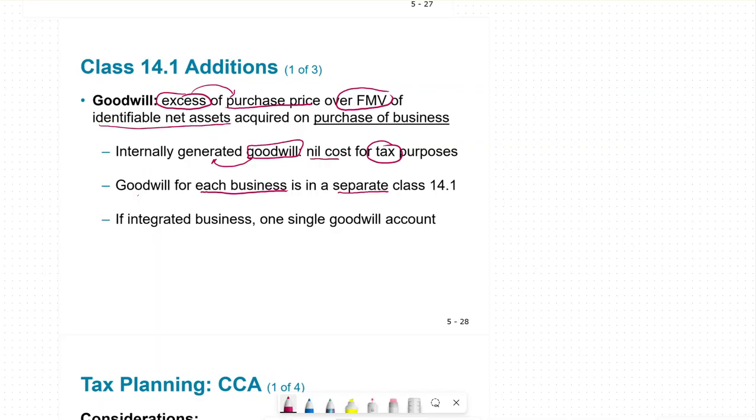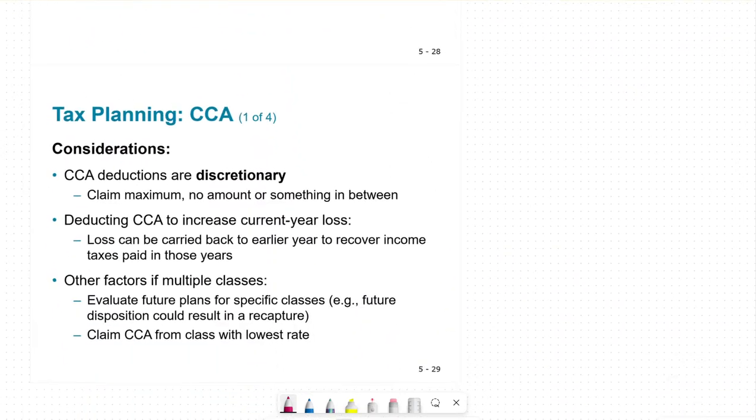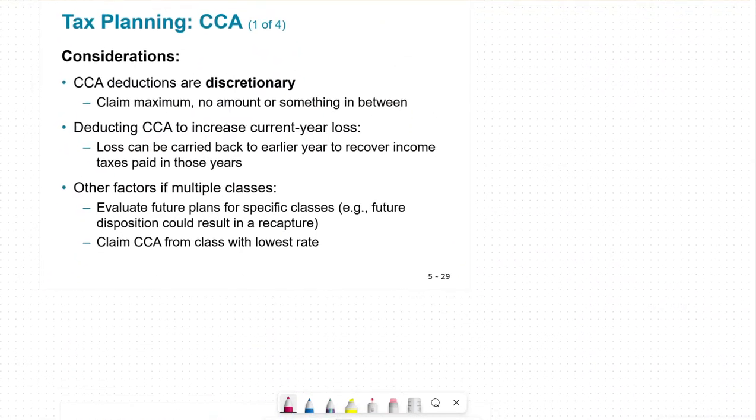If it's an integrated business, one single goodwill account is created. For tax planning purposes, of course, we want to reduce our taxes. We don't want to avoid paying taxes, but we want to reduce them, and we call that tax planning.